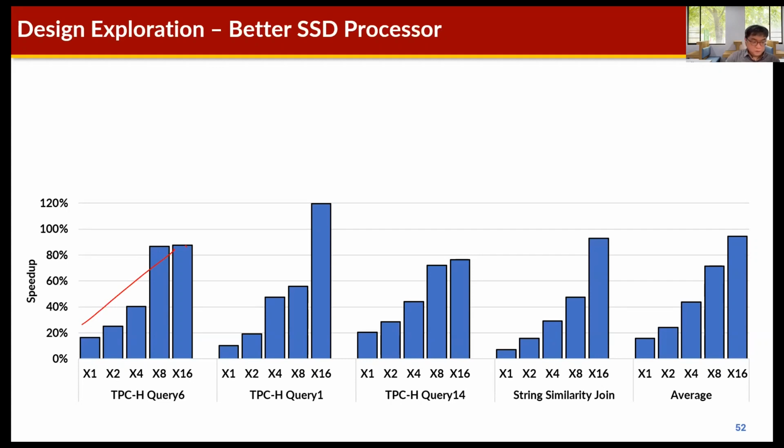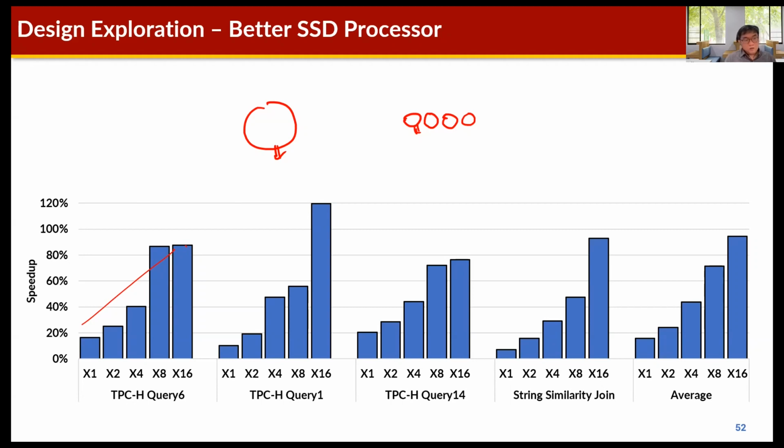Why is it important? As I explained, the cost of the server CPU is very high, but the cost of the embedded processor is extremely low. So it's very cheap to increase the number of cores inside of these storage devices. But it's very hard and very expensive to increase the performance of server CPUs.